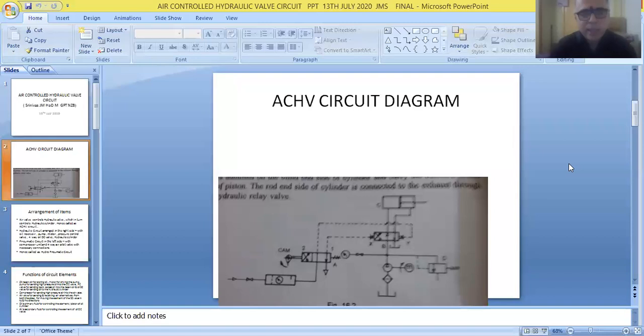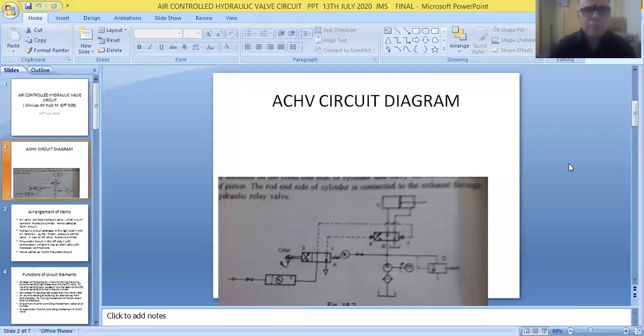So friends, a cam mechanism, or simply some mechanism, used for operating the element of the air valve is called mechanical actuation. And similarly, compressed air is used for operating the element of the hydraulic valve. So it is referred to as air actuation.